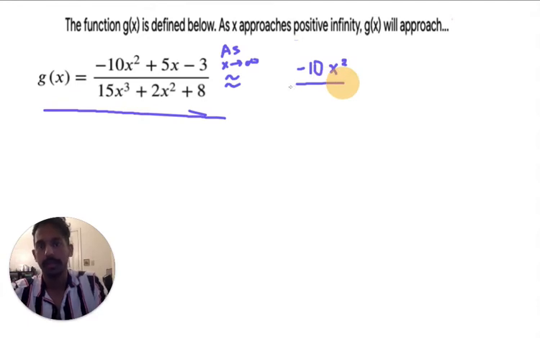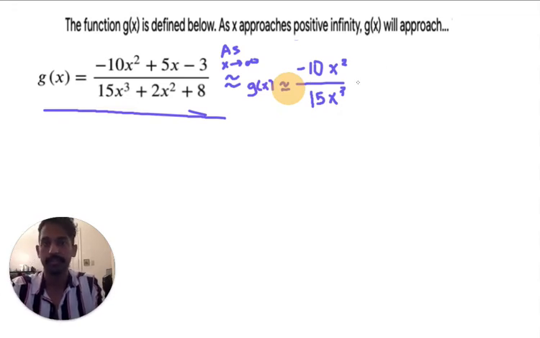And the denominator, we don't care about the 2x squared, we don't care about the 8 because there's this 15x cubed term. So as x approaches infinity, g of x will approximately equal negative 10x squared over 15x cubed.